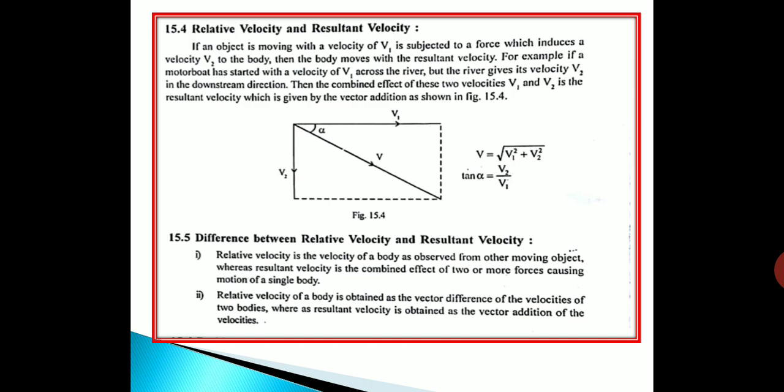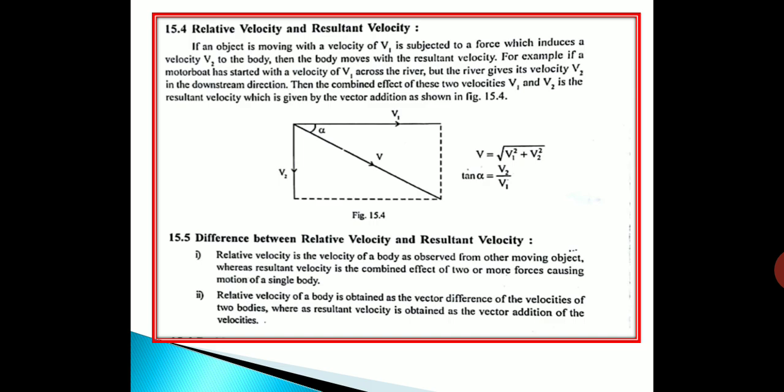Imagine a boat is moving in water. It will have some velocity, say v1, but if that boat is moving along the direction of the flow of water, the flow of water also adds up to the velocity of the boat. It gives the boat a push.